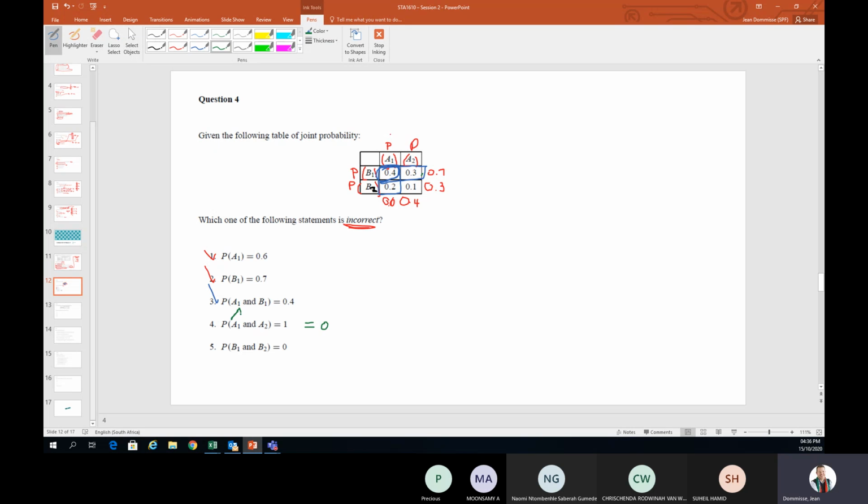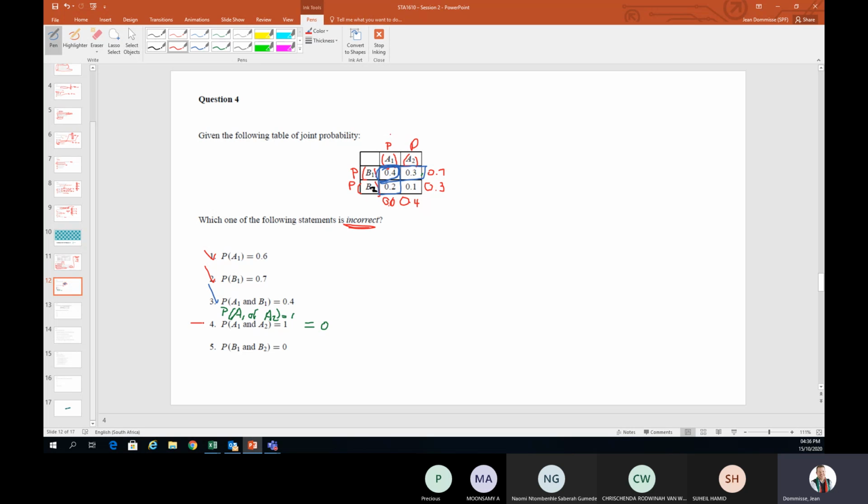If it was A1 or A2, that would have been equal to 1, but you can't get an A1 and an A2, so the probability is equal to 0.